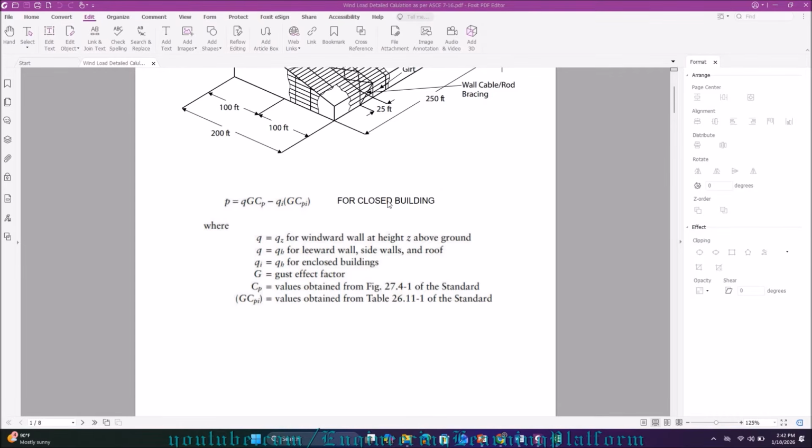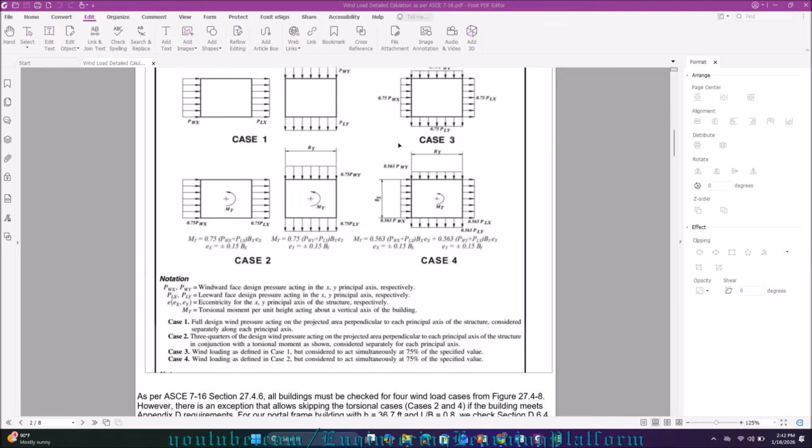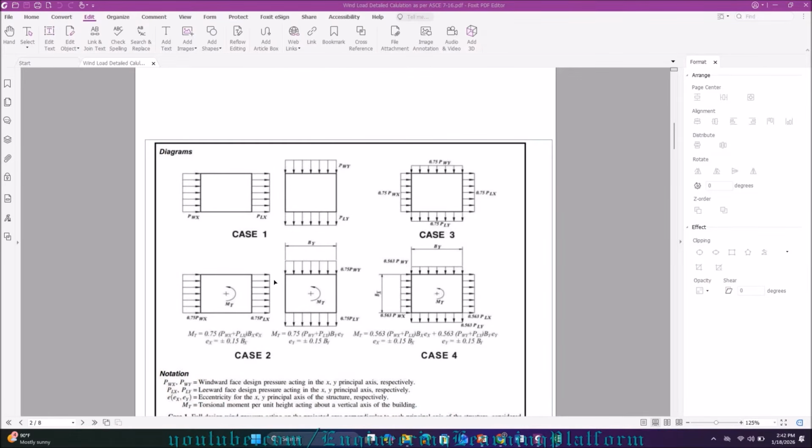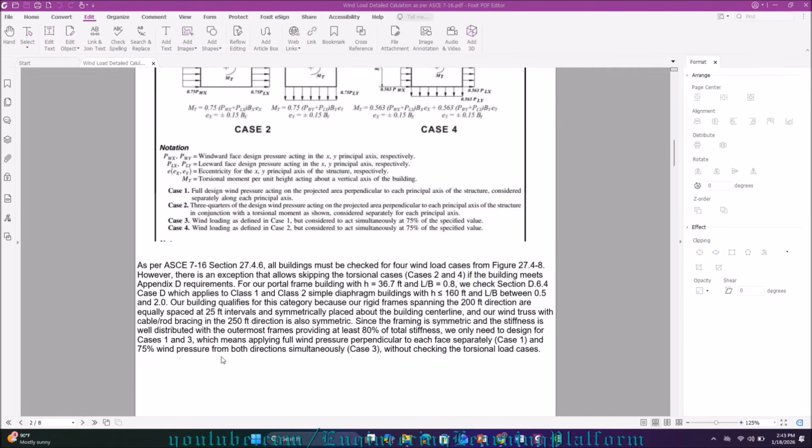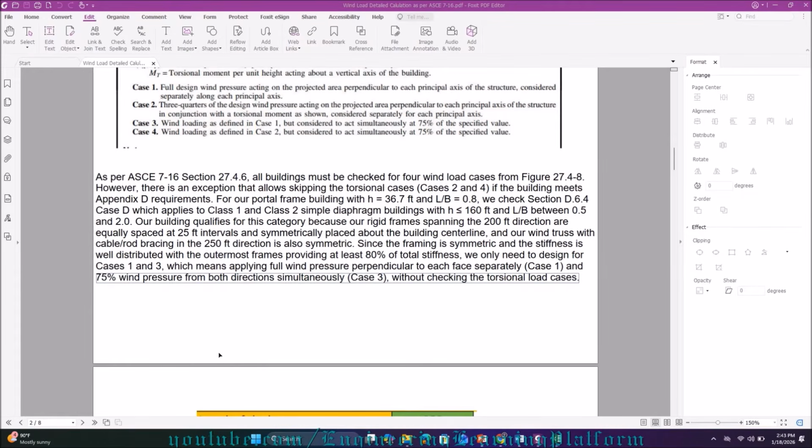But before that, the code says we have to apply these 4 load cases, and it is not always necessary to consider all of them. Here I have written in easy words what the code says: all buildings must be checked for the 4 wind load cases from this figure.